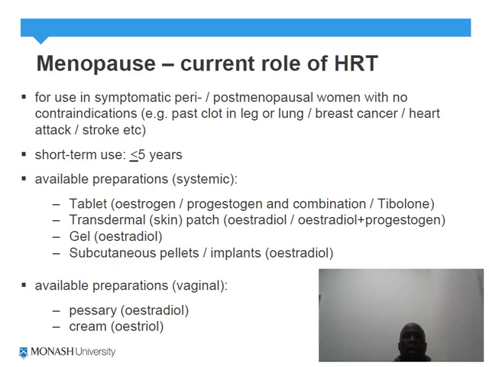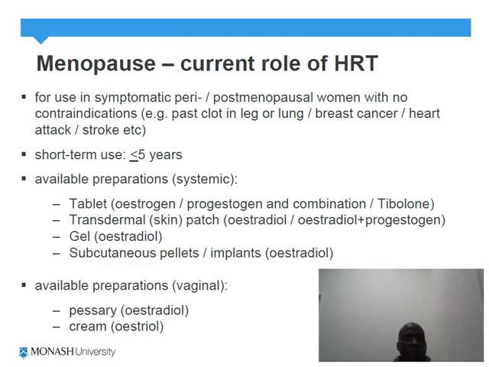Its available preparations are systemic, for example, tablets containing estrogen, progestogen, and combinations, plus tibolone. Tibolone is another hormone. It can be used as a transdermal patch containing estradiol or estradiol plus progestogen.